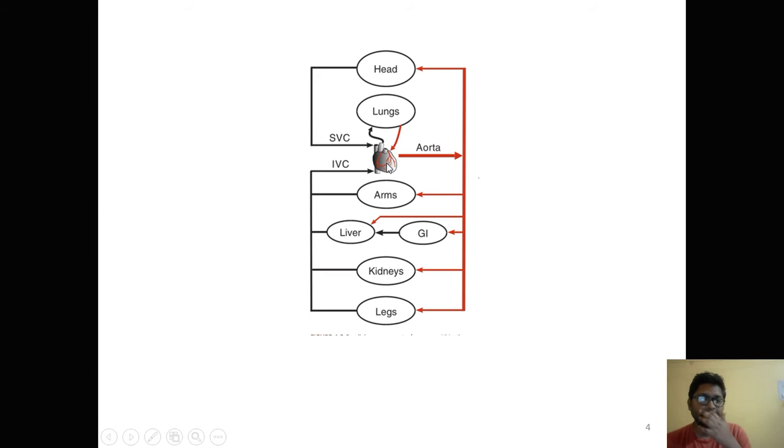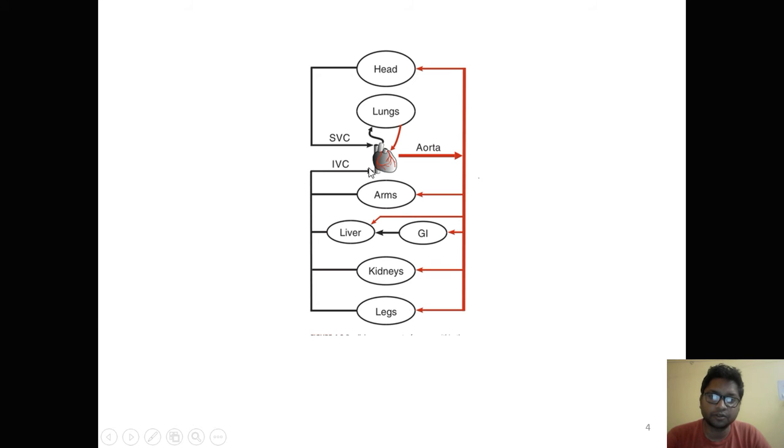Here you can see that basically we are dealing with oxygenated and deoxygenated blood. The oxygenated blood initially is pumped to all the body organs, say head, arms, liver, kidneys and legs. In these portions the oxygen is utilized, and after the utilization of the oxygen of the blood, the deoxygenated blood is sent to the heart.